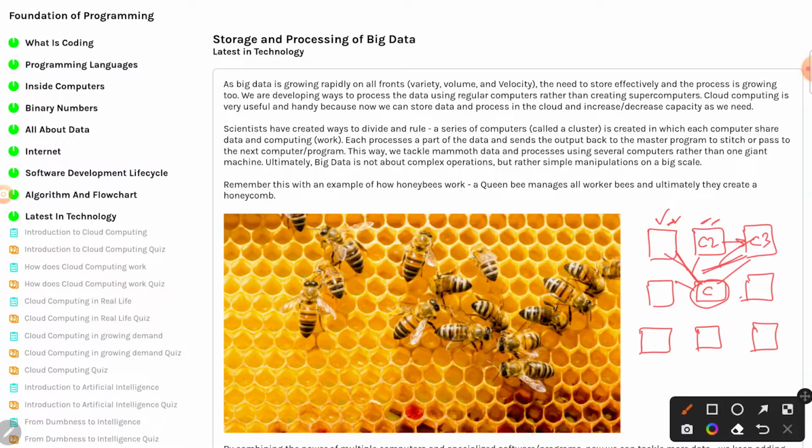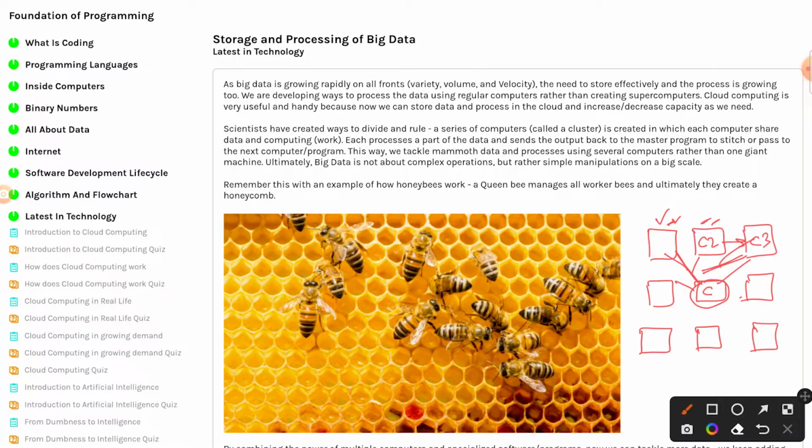This whole idea of divide and conquer is becoming very popular nowadays, thanks to the growing size of data, what we refer to as big data. And it's easy to understand if you think in terms of honeybees. In the honeycomb, the queen bee manages all the worker bees, and she divides the roles and responsibilities.